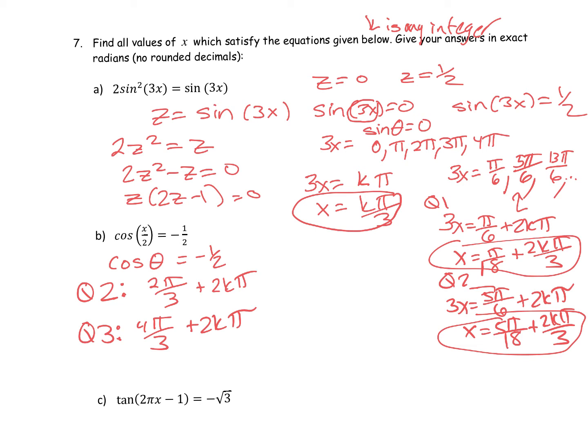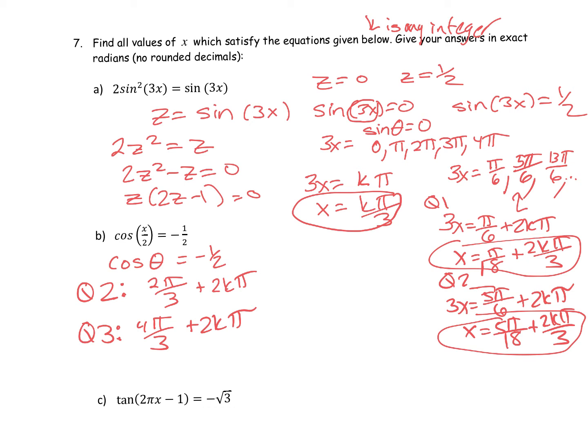You will sometimes, however, see me be a little bit more lazy, or I guess it's debatable whether you could say lazy or concise. And instead of writing the answer with 2 different statements here, I noticed that 4 pi over 3 is coterminal to -2 pi over 3.